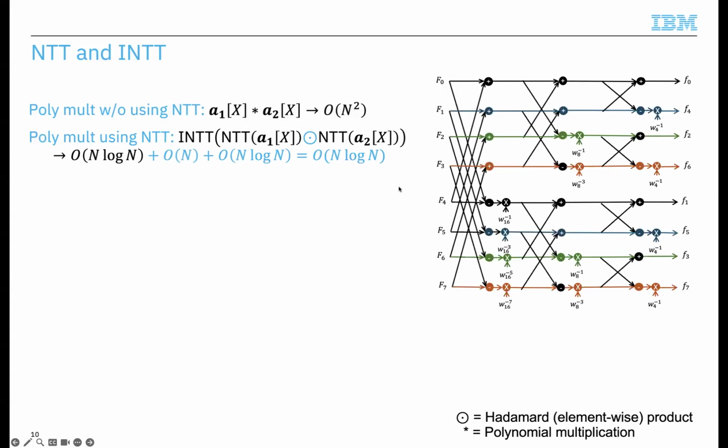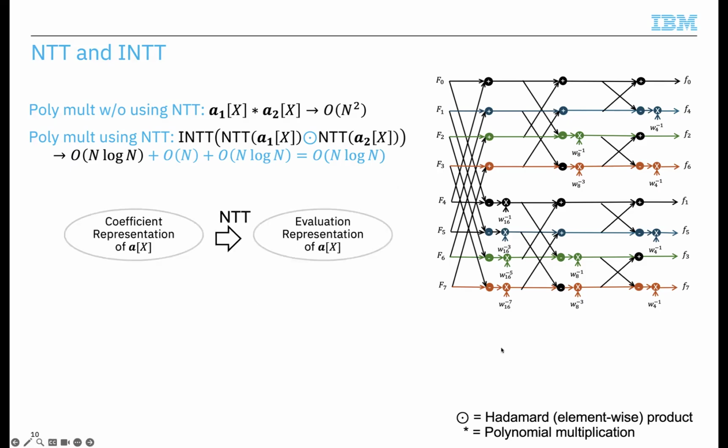But it is definitely worth it because the number of elements we're looking at is usually 2 power 14 to 2 power 17. So it's a lot of values. It's not feasible to do convolution on that. The data flow is exactly the same as a textbook FFT algorithm, except the addition, subtraction, multiplication are all modular addition, subtraction, multiplication.